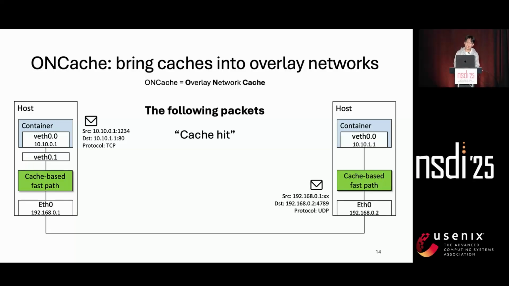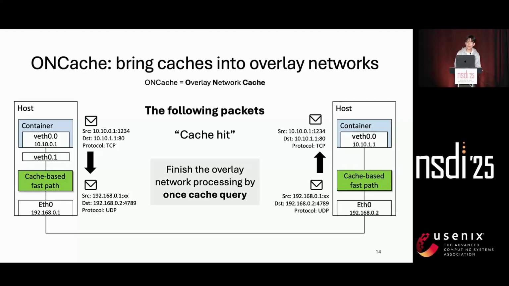When subsequent packets arrive, as we have already cached their processing results, we can simply query the cache, applying the filtering and routing results, and prepending the outer headers to the packet or stripping them on the ingress path. Some fields, such as the checksum of outer headers, could vary between packets, and these fields need to be handled separately.